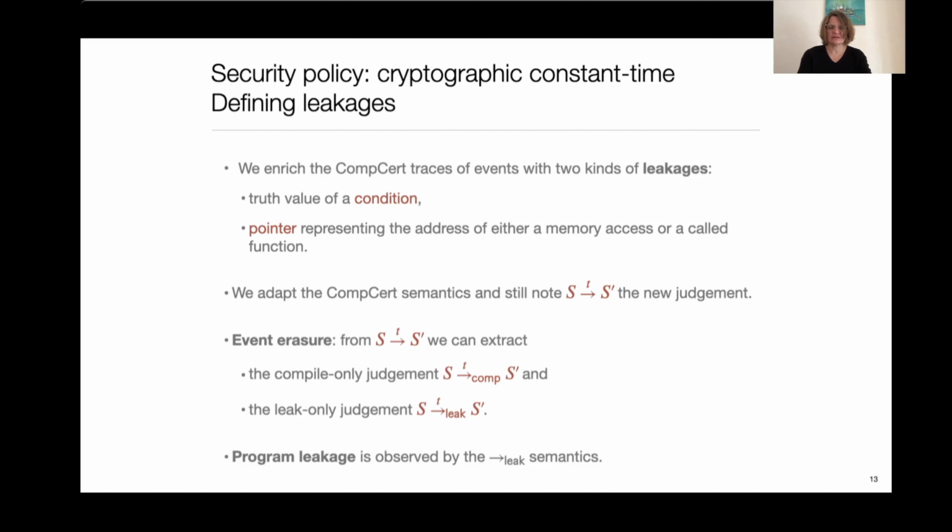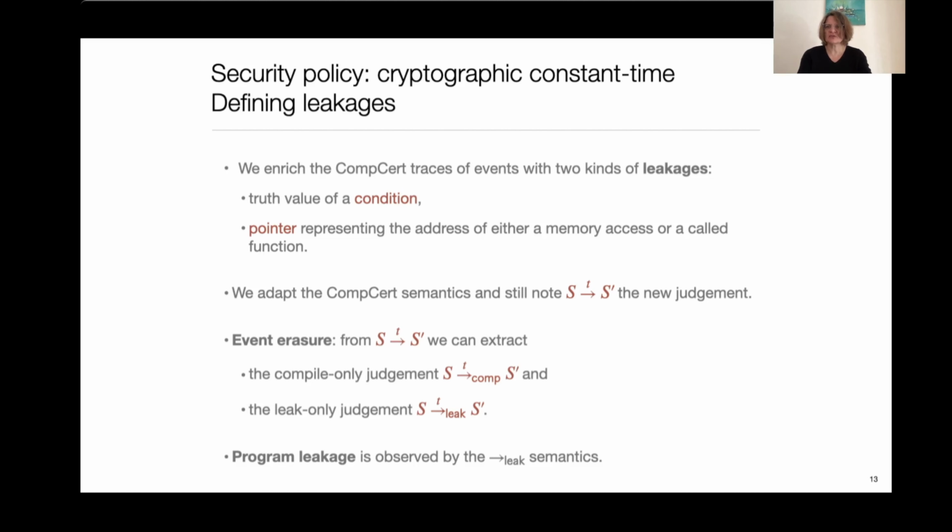They may be observed by the semantics, so we need to adapt all the CompCert semantics to observe these leakages. We then have an extended semantics, and with this extended semantics, we can still reason on the CompCert semantics by erasing our new events. We call this semantics the compile-only semantics, where leakages are erased.